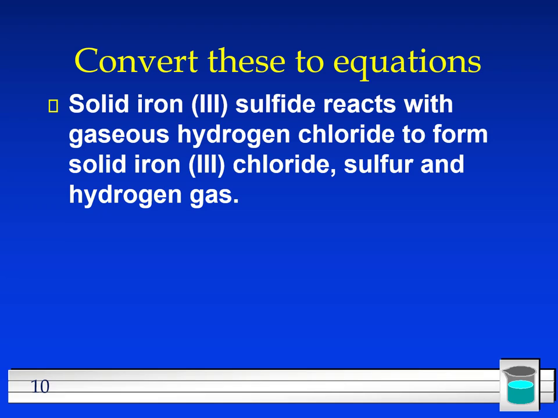Write the balanced equation for that reaction. So it's really just writing and naming formulas, writing names and formulas, and then balancing, right? Just names and formulas like we've done before, and then balancing.